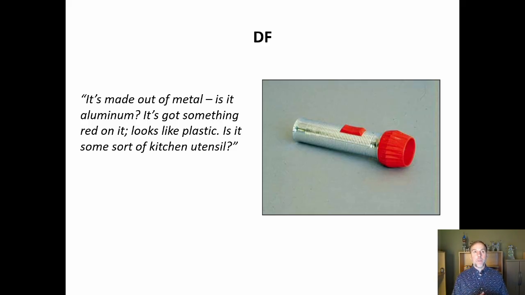But for you or I, the ventral stream would then immediately tell us what this is. It's a flashlight. This is easy. But she doesn't have that highest order visual ability to put together these individual features into this cohesive whole, or to answer this what question. So she just guesses. She says, is it some sort of kitchen utensil? And that's not a bad guess, right? Something metal with plastic on it could be a kitchen utensil.